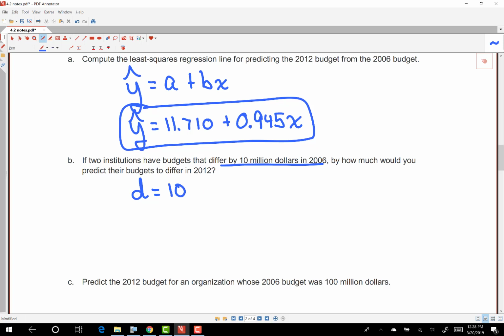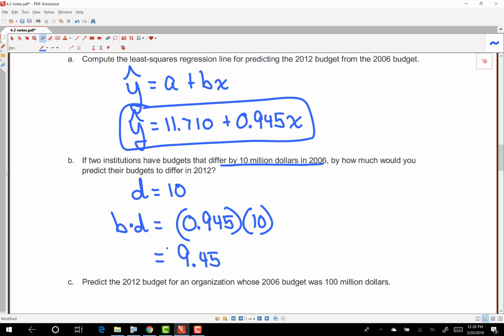Well, this is where we're going to take b times d. So my b was 0.945, and then we're going to multiply that by 10, which is how much they differed by in 2006. So if we multiply that, we're going to get 9.45, and that is in millions of dollars.